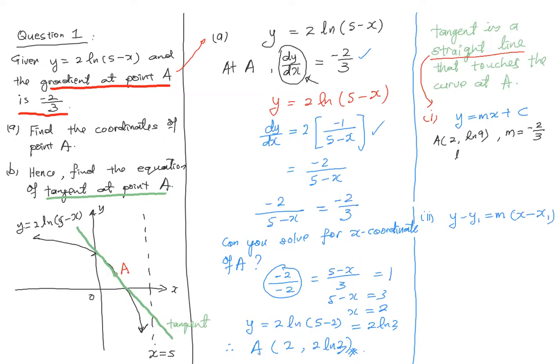So y equal to mx plus c. From here, you get your c. So it will be ln 9 plus 4 over 3. So therefore, the equation of tangent is y equal to mx plus, write down your c.